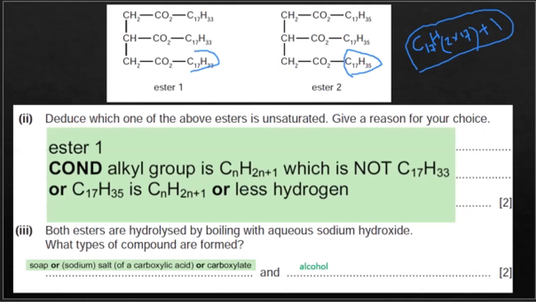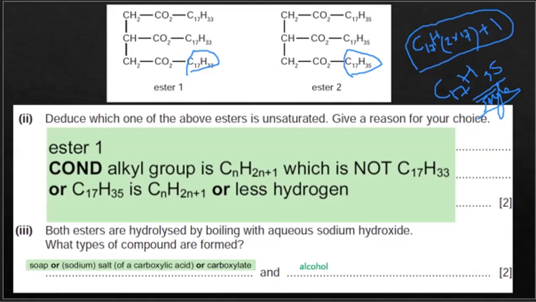And that will in turn tell us whether there's a double bond present or absent. So 17 by 2 is 34, plus 1 is 35. So C17H35 will only have single bonds.